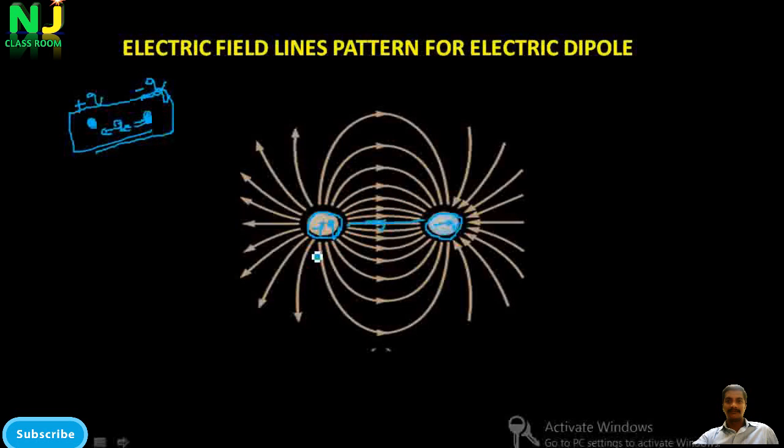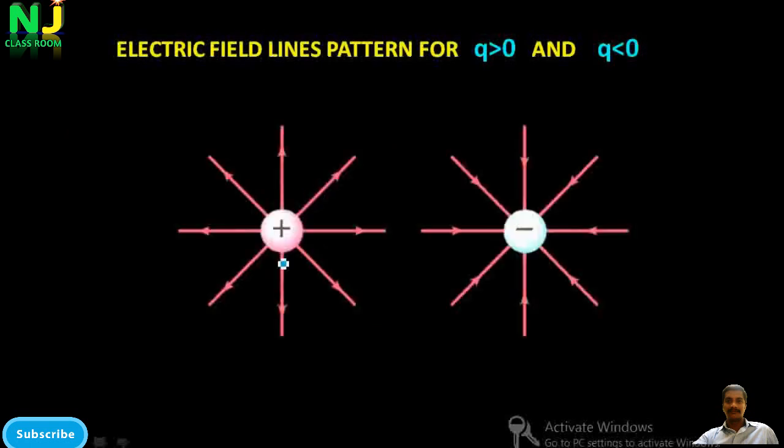Next we go for the electric field lines for a negative charge and a positive charge. In the case of a positive charge, field lines are always directed outward, away from the positively charged body, and field lines are inward in the case of a negatively charged body. For a charge greater than 0 means positive, and for a charge less than 0 means negative.